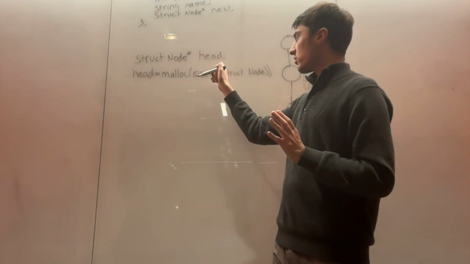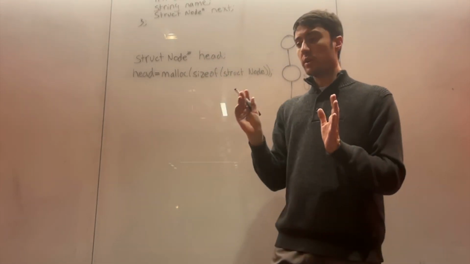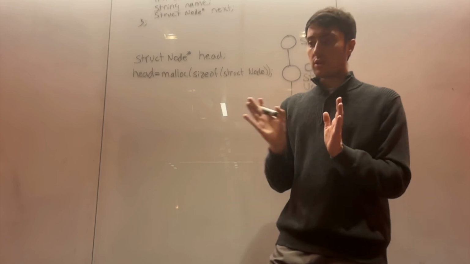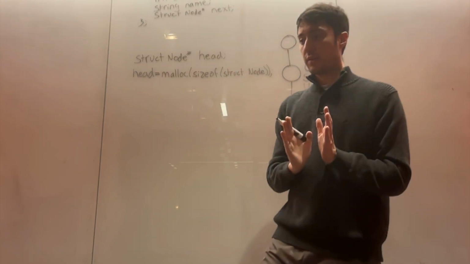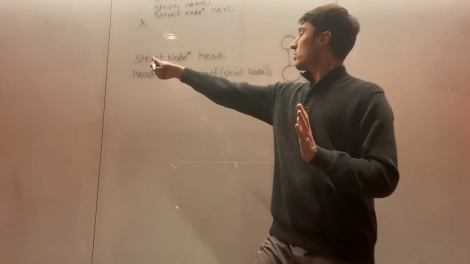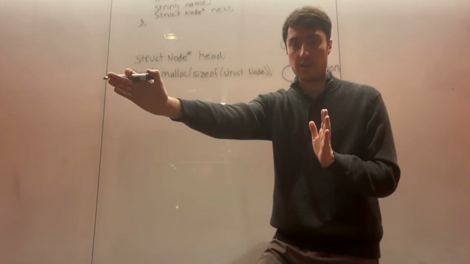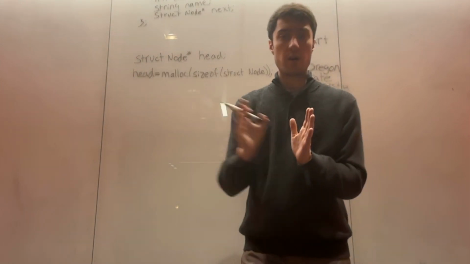This is an actual variable that we are able to access, and its only purpose in life is to direct you to a struct node, and that struct node is going to be the start of the linked list.